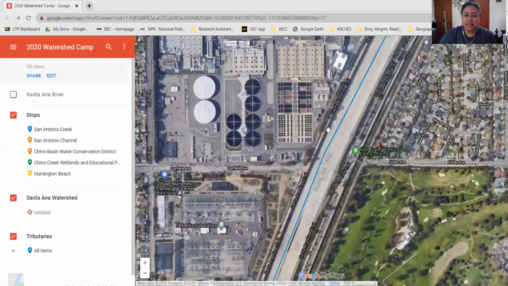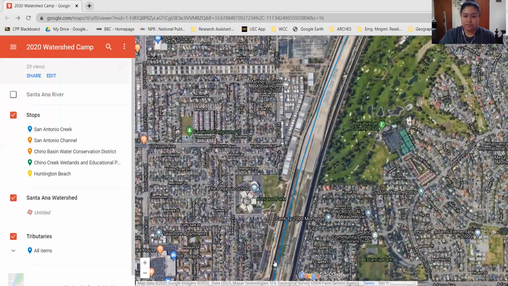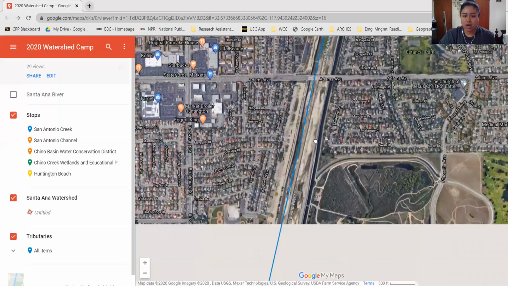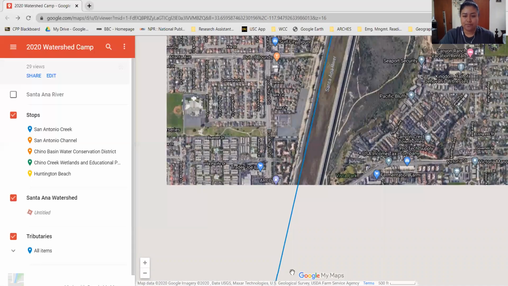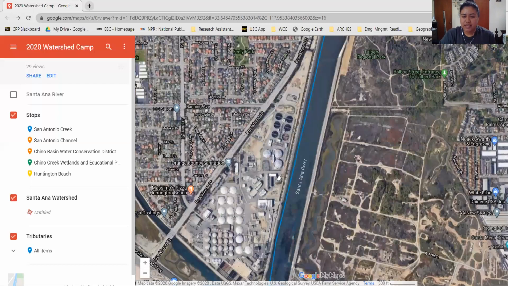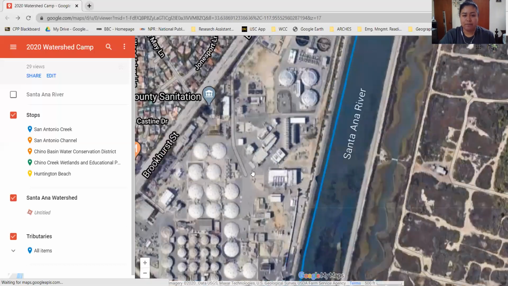So as we go down the channel, as we go downstream, we can see that at some point we start getting maybe some vegetation, right? But it's still a concrete channel. And then we start to see some water. So right here to the left-hand side, what we have, again, is the Orange County Sanitation Department.